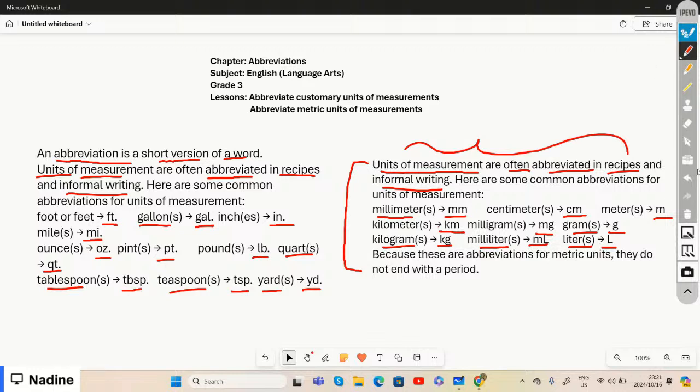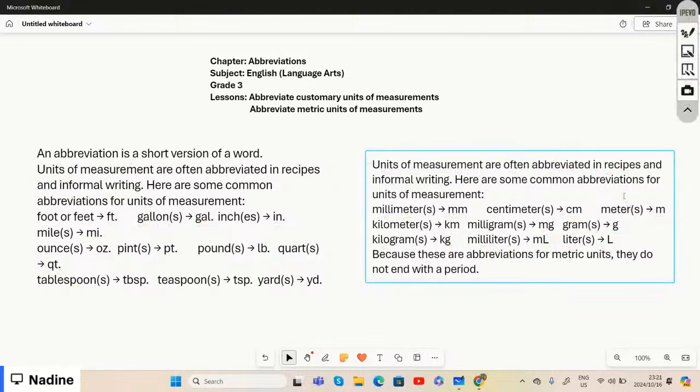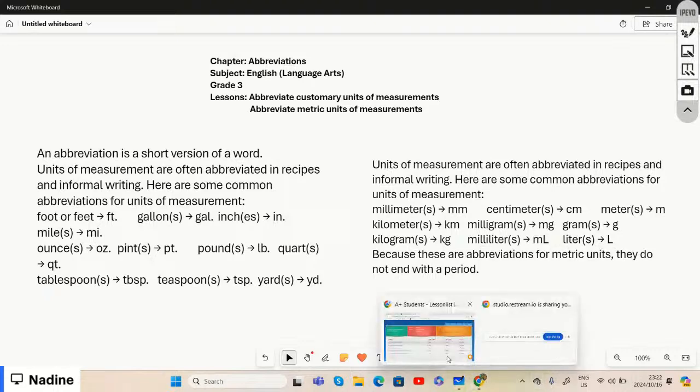But all the other abbreviated words need to end with a period. We're going to continue with our units of measurements, and then we're going to do our test.